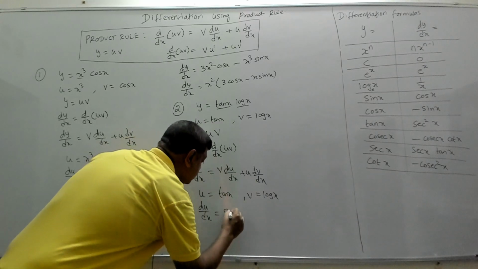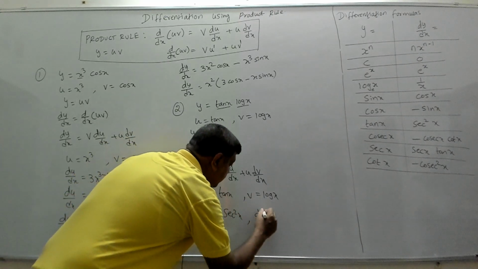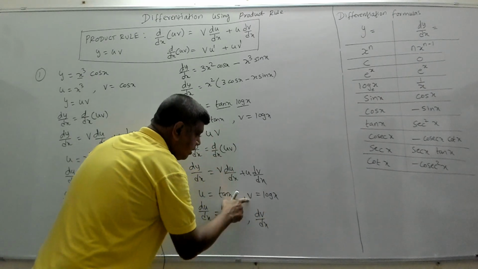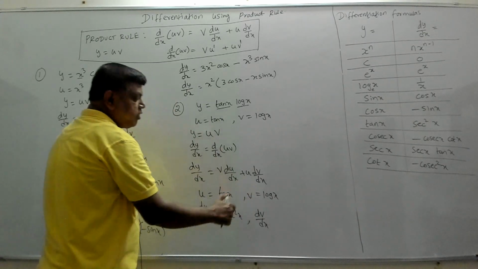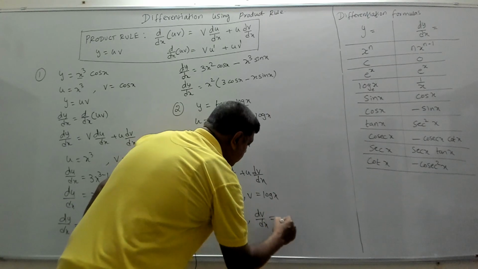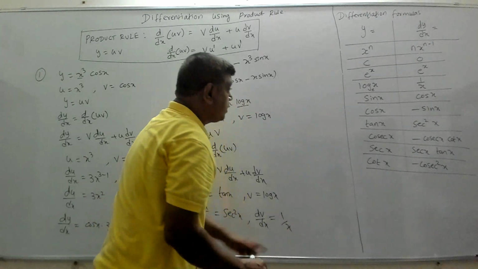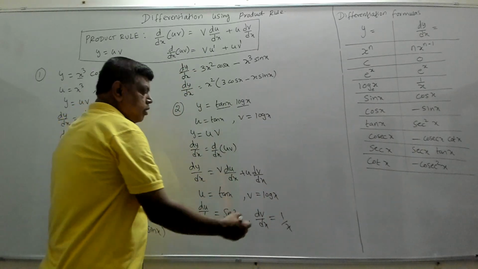Differentiating v with respect to x is dv by dx, the differentiation of log x, which is 1 by x. And log x is always to the base e.